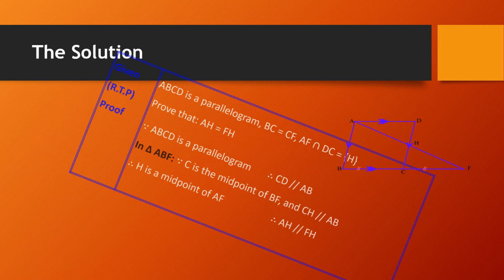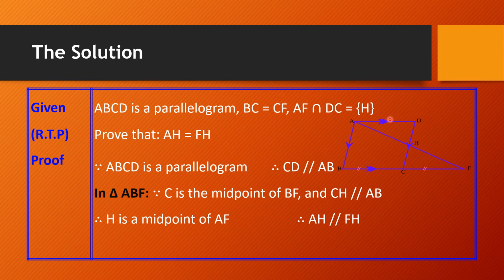The solution. Given ABCD is a parallelogram and BC equal CF and AF intersect DC at H, RTP, prove that AH equal FH. The proof.